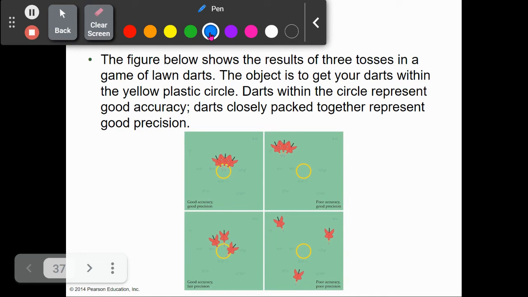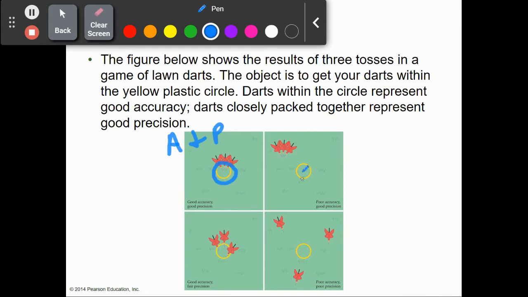Let's try this. All right, so we got 3 red darts, and they're all within the yellow circle. So is that going to be accurate or precise? It's actually both. It's going to be accurate and precise because they're all in the same space and they're all in the right target.